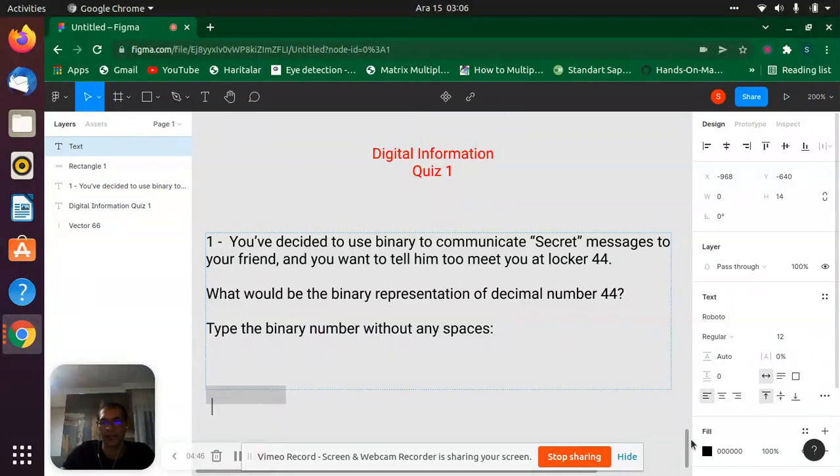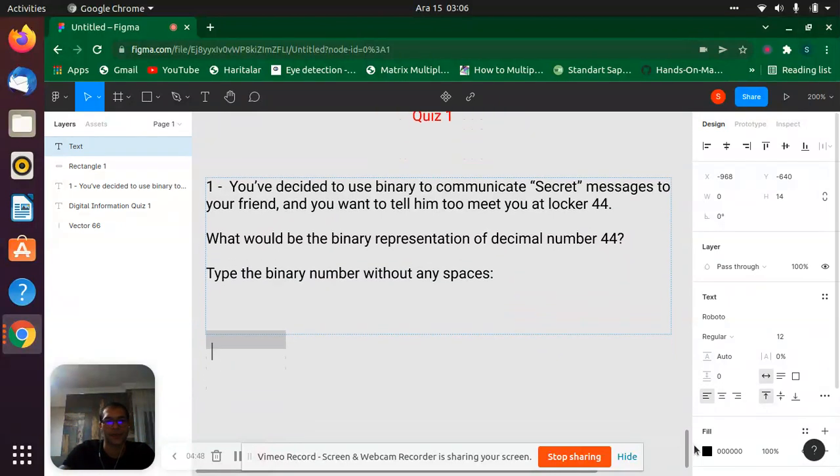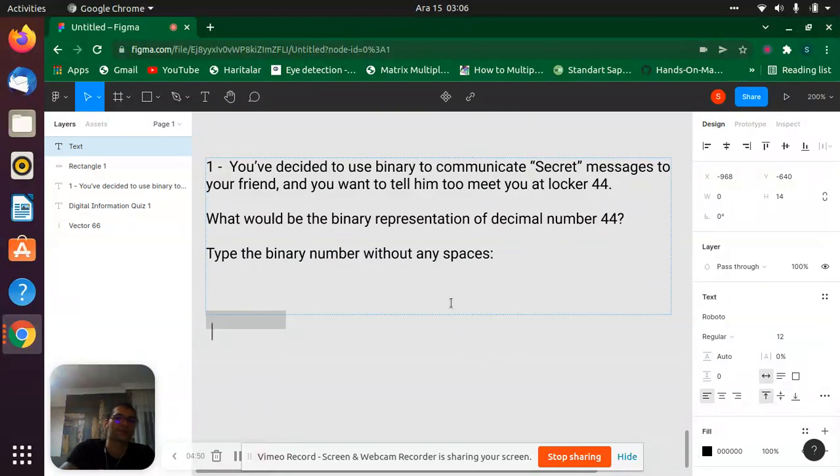Yes, this one here. Now let's think about that. So it will be binary. Just think 44. You have to think power of 2. Now you can understand the situation or position of the number. So what do you think?